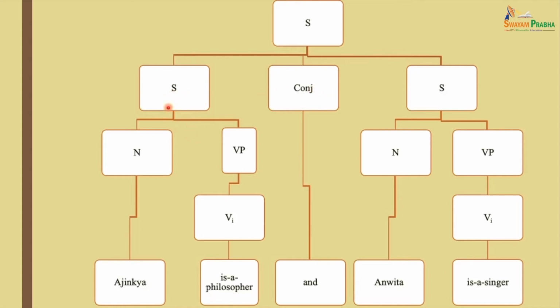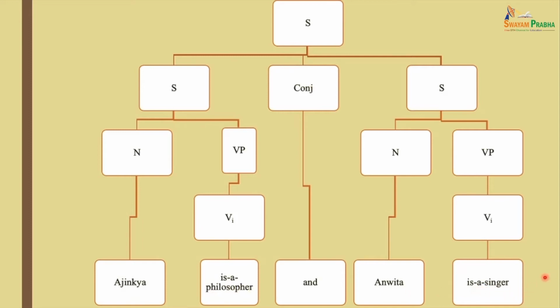Then the first S goes to N and VP. VP goes to VI, and finally VI goes to "is a philosopher". Then this N goes to "Ajinkya". So you get "Ajinkya is a philosopher" on the one hand, and this S, with a very similar derivation, gives "Anvita is a singer". And then the conj goes to "and". So the final sentence is "Ajinkya is a philosopher and Anvita is a singer".